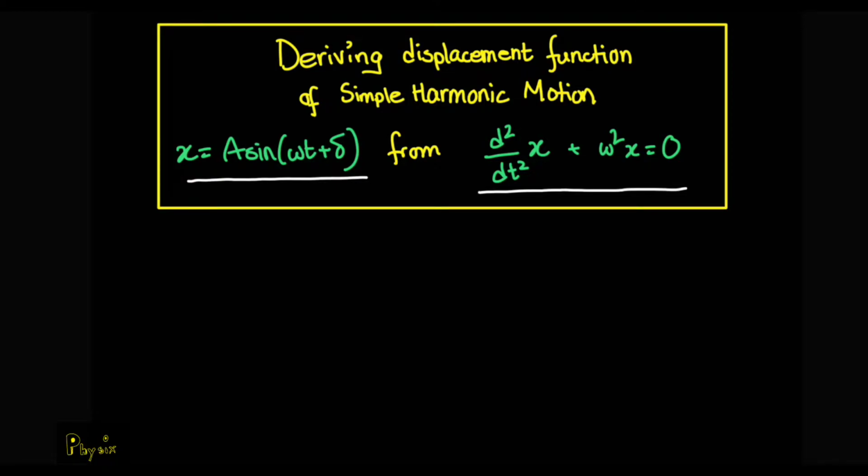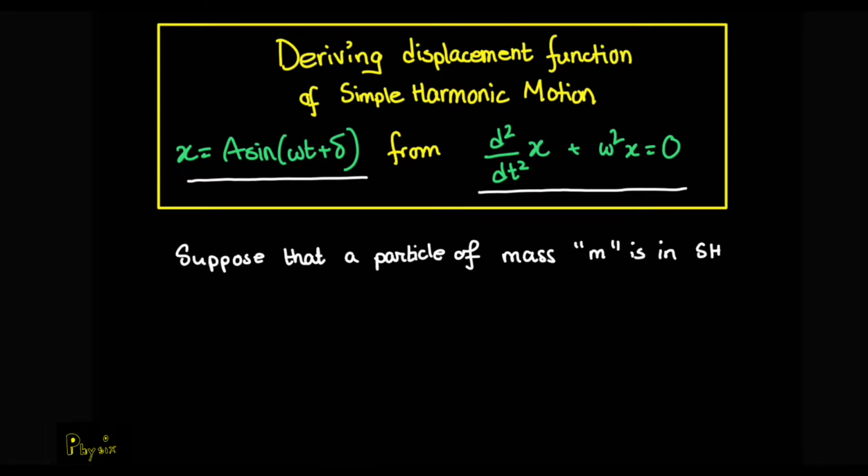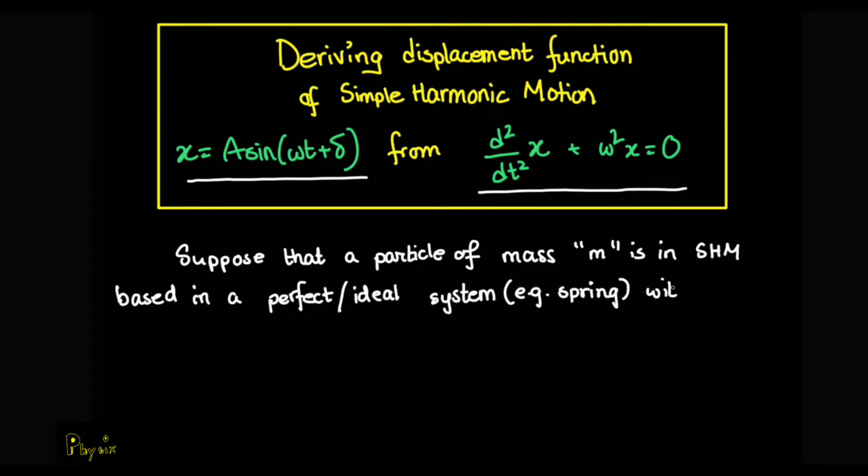Okay, so in order to come up with that, we suppose that a particle of a certain mass, let's say small m, is in simple harmonic motion in a perfect or ideal system. Let's say, for example, it's a spring with minimal friction. Now, if you plot the displacement versus time graph for this, it looks like this.